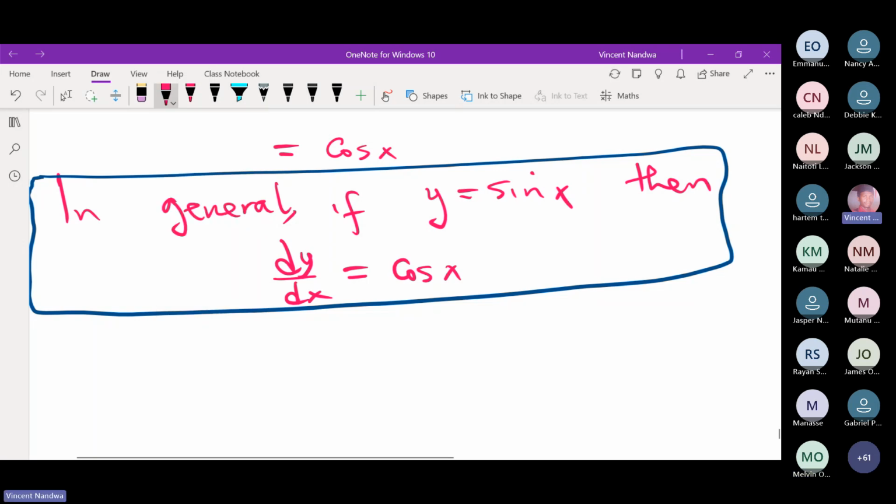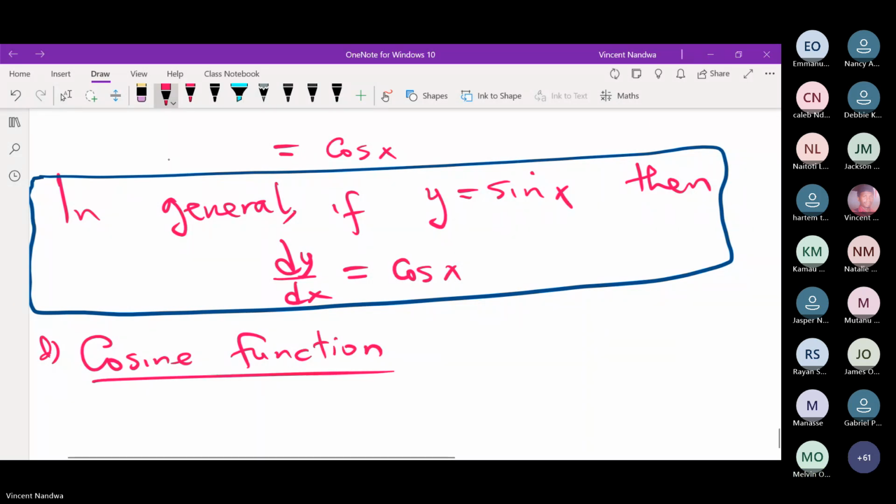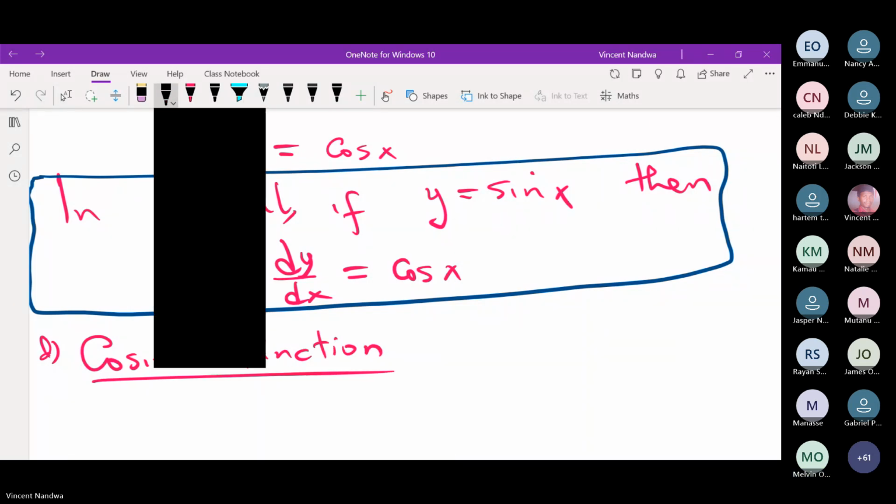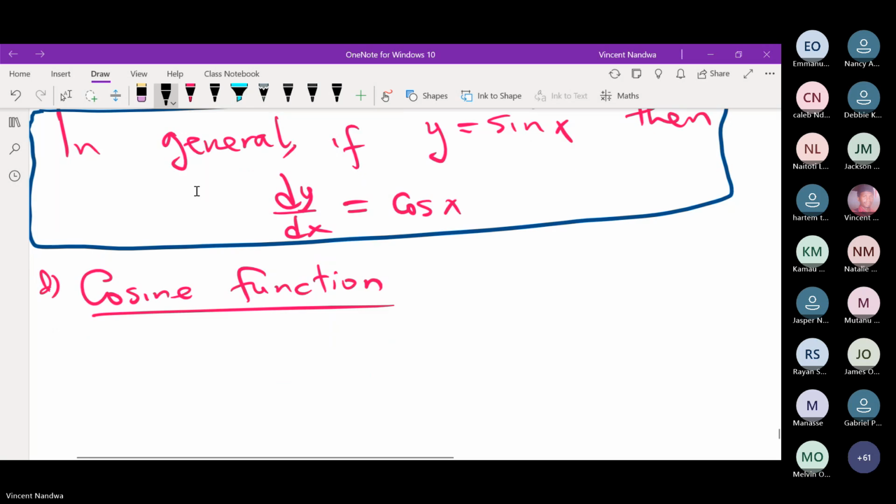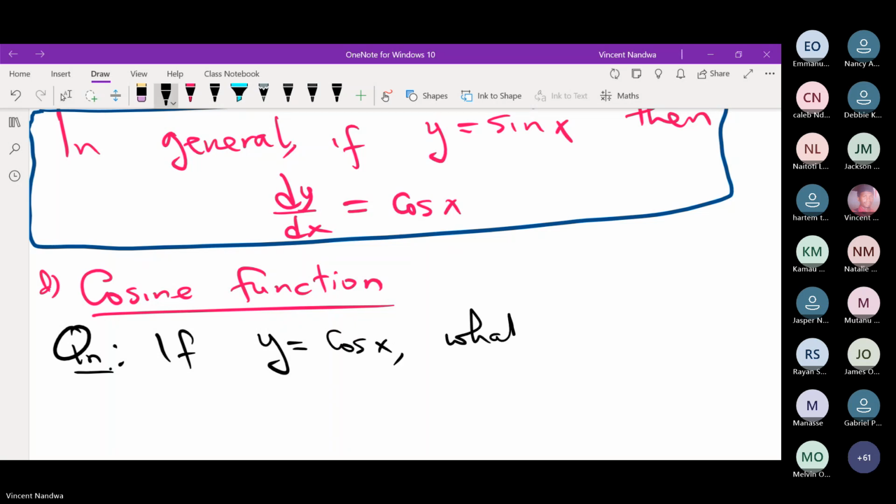Then lastly, on these special functions, before the rules, is the cosine function. So the question here is, if y is cos x, what is dy dx?